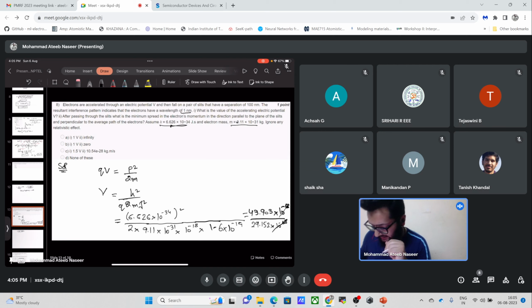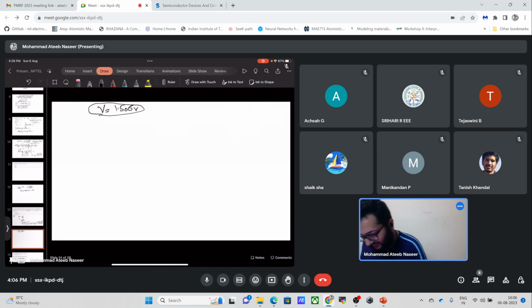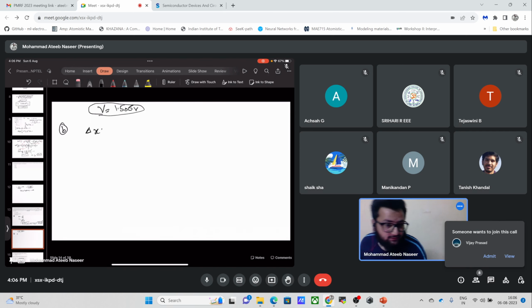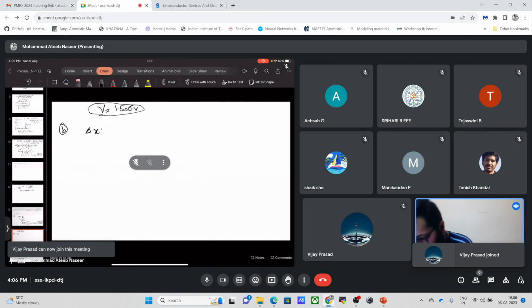That's what Tanish was saying, that we have to check this minimum spread by using Heisenberg's uncertainty principle, where now the separation between those two slits is 100 nanometer. Let's be specific about this value so that we do not lose it. This delta x, wait a second, this delta x is equal to 100 nanometer.